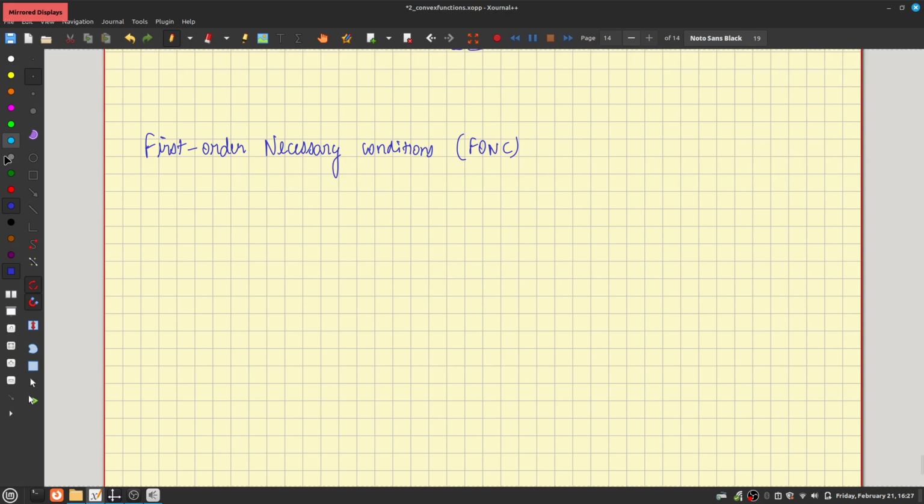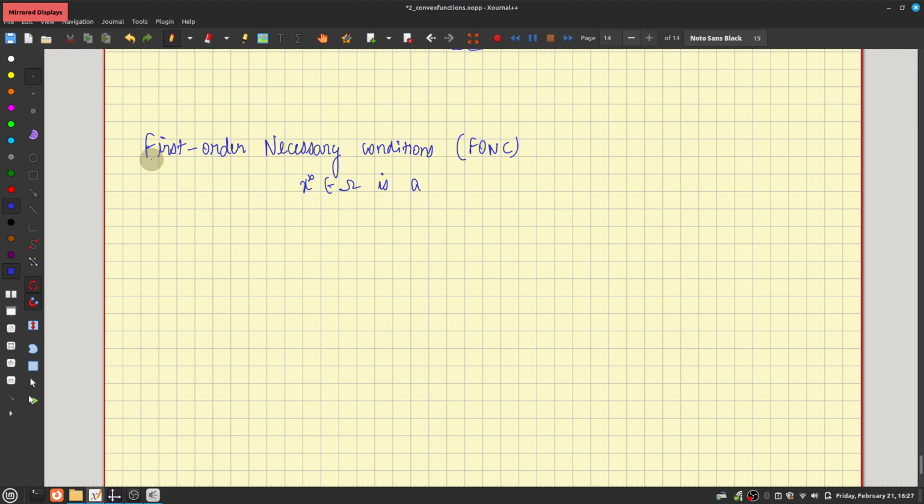Okay, so it basically says the following. When I say first order or second order, it usually corresponds to some property of the first order derivative if it is first order, or second order derivative if it is second order, right?